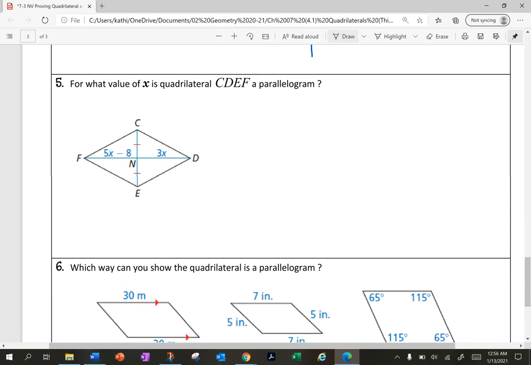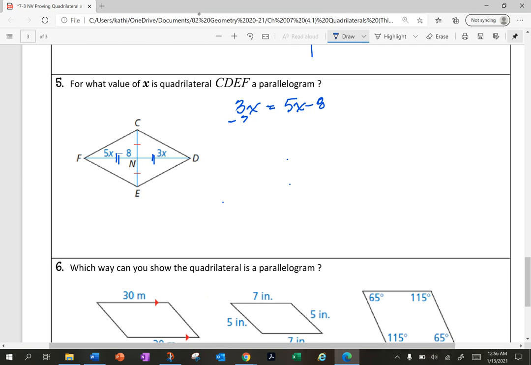All right, let's try number 5. For what value of x is quadrilateral CDEF a parallelogram? This one is talking about the diagonals. When my diagonals bisect each other, I have a parallelogram, so I'm going to say 3x equals 5x minus 8.